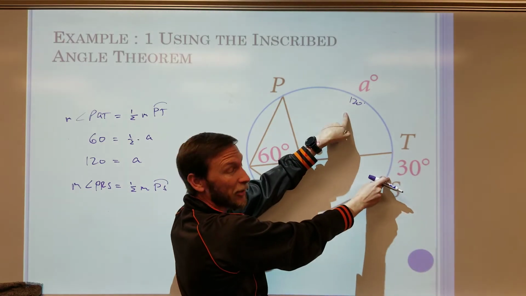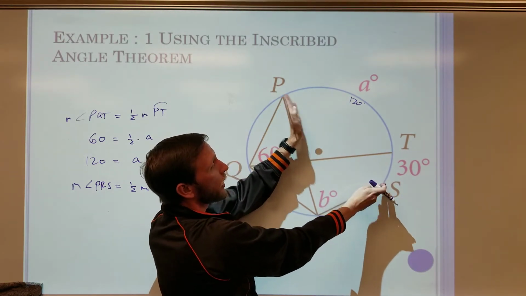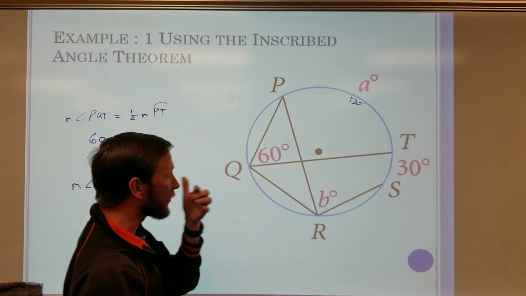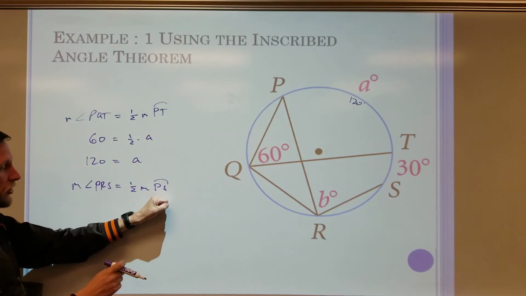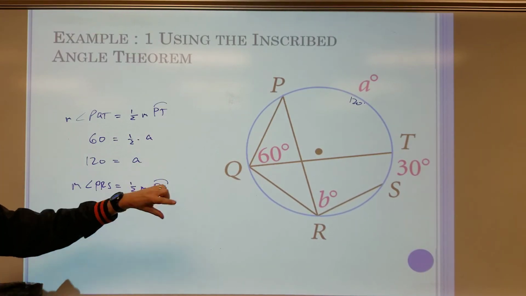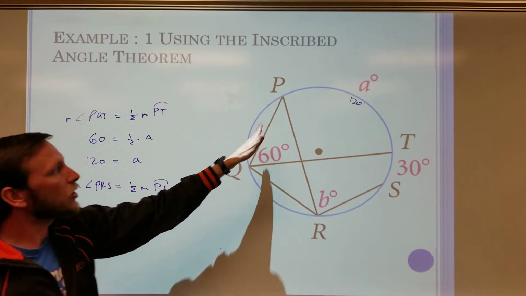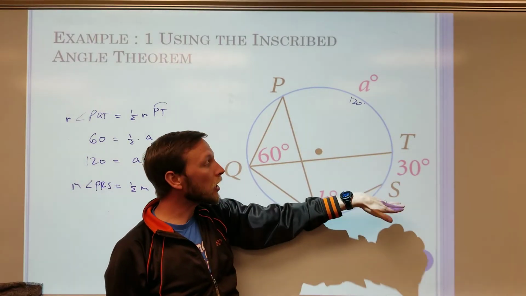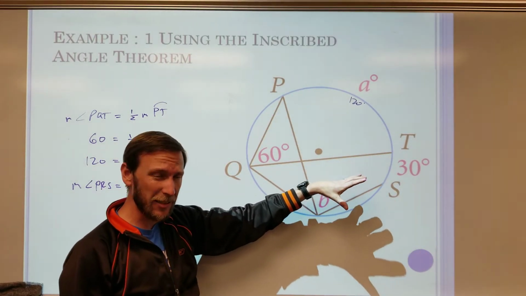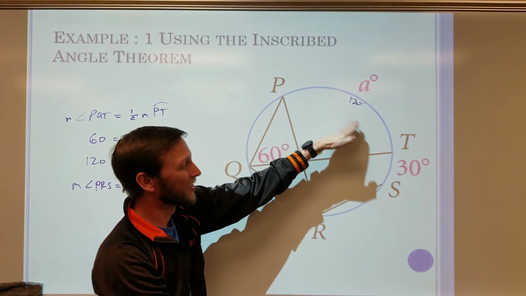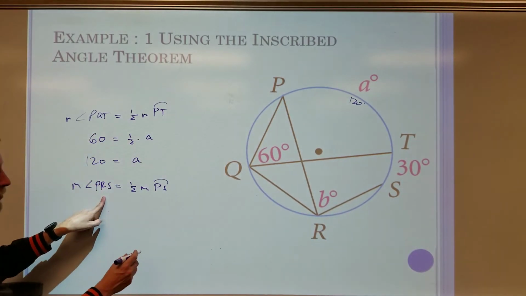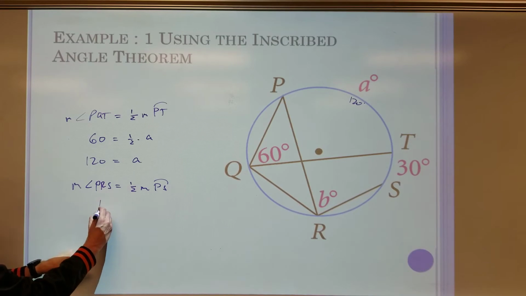We can tell it's 150. So we're not going to use 3 letters. However, we are going to understand that the measure of arc PS is equal to the measure of arc PT plus the measure of arc TS, using that arc addition to get 150. The measure of angle PRS is B.